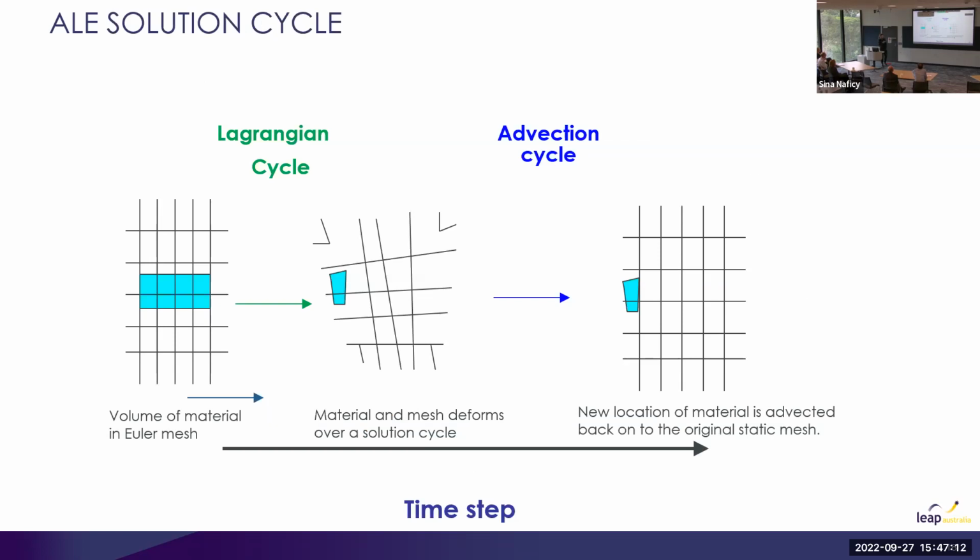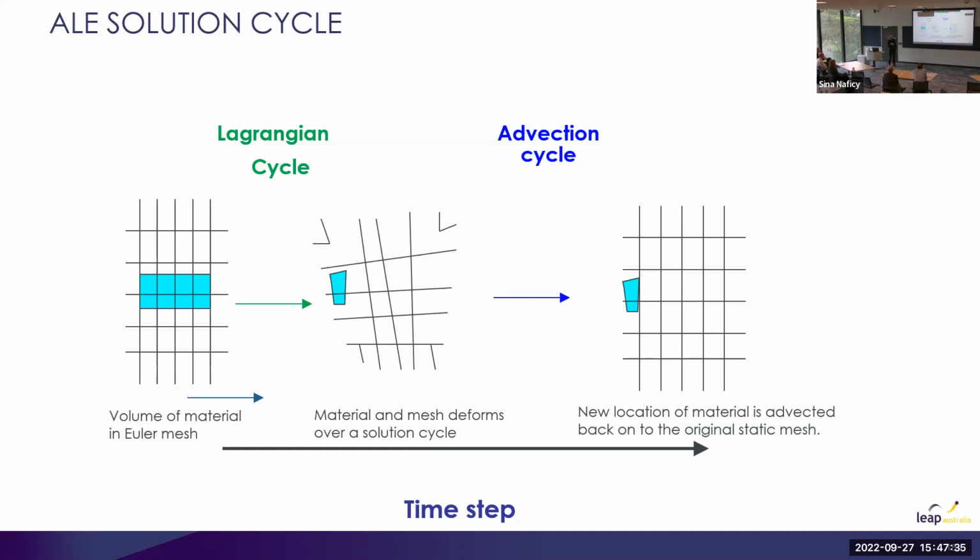This is what Euler ALE looks like under the hood. If you imagine a finite element mesh like that, we have some material inside it. Something happens, the mesh deforms, the material deforms, just like a normal finite element simulation. And this happens over a single execution time step.